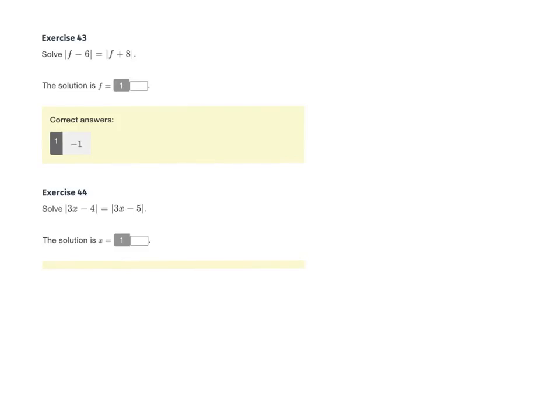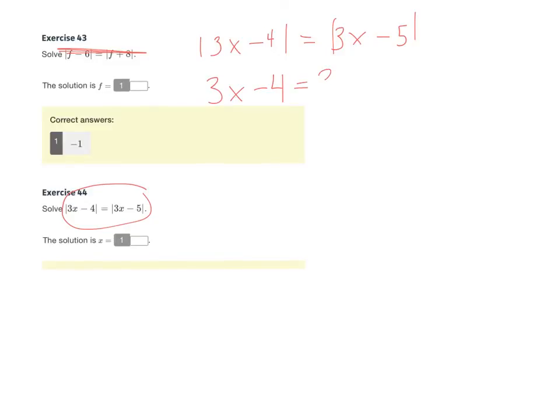All right, the last question. So we got the absolute value of 3x minus 4 is equal to 3x minus 5. So we're going to have 3x minus 4 equals 3x minus 5. And then we're going to have 3x minus 4 is equal to the opposite of 3x minus 5.